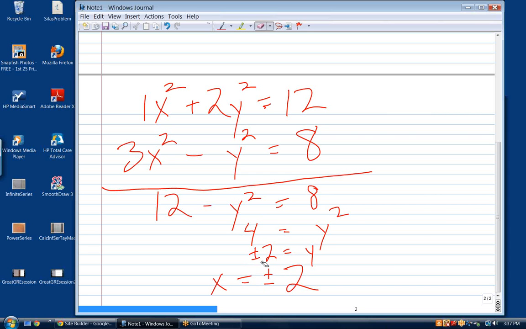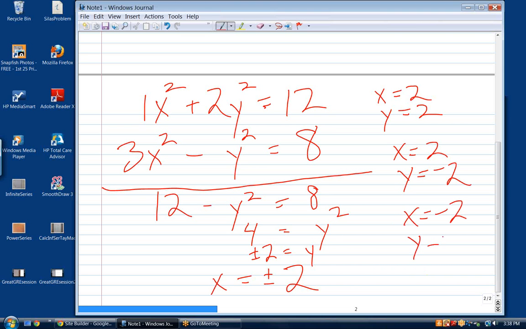In other words, x can be any combination. Our solutions are x equal 2, y equal 2, or x equal 2, y equal minus 2, or x equal minus 2, y equal 2, and the fourth one is x equal minus 2, y equal minus 2.